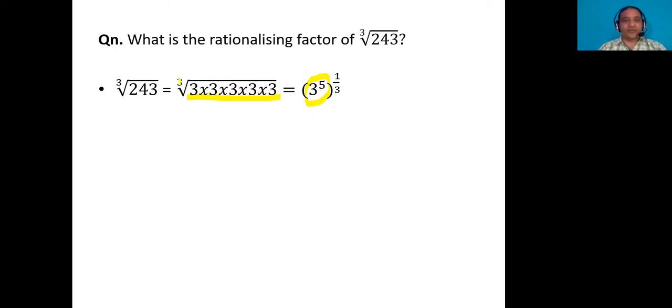In order to remove the cube root, I repeat, in order to remove the cube root, this 3 should be cancelled with this power. All right, this 3 should be cancelled with this power.